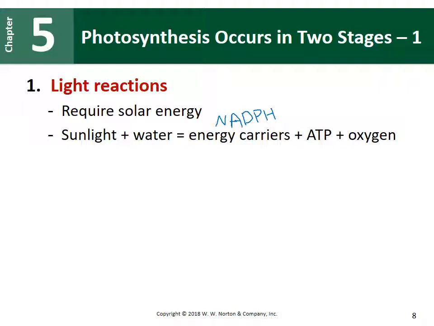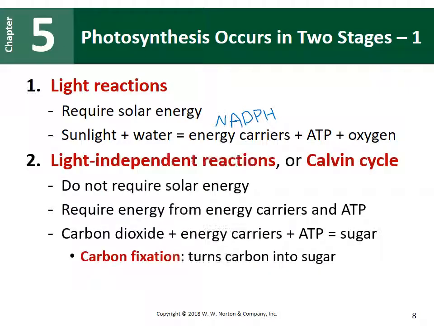This will also create some ATP, and oxygen will be produced as a byproduct. So basically, we are taking that energy from the sunlight and converting it into energy carrier molecules, the NADPH and the ATP.